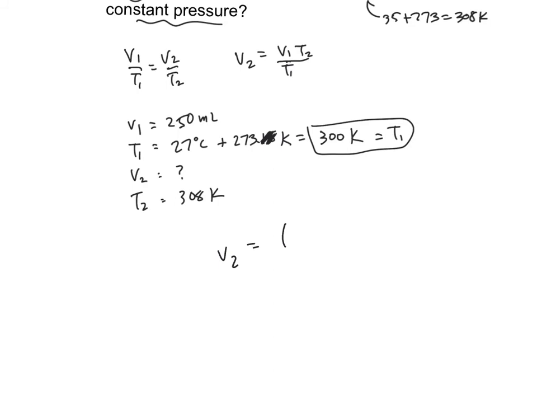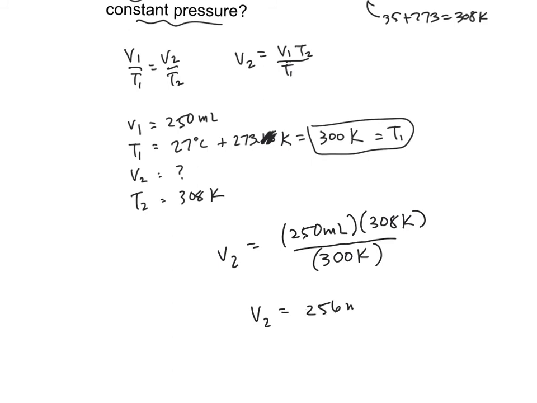Let's see, you got 250 ml for V1, T2 is 308 Kelvin, T1, 300 Kelvin. And, excuse me, solve for V2, and it's 256 milliliters.